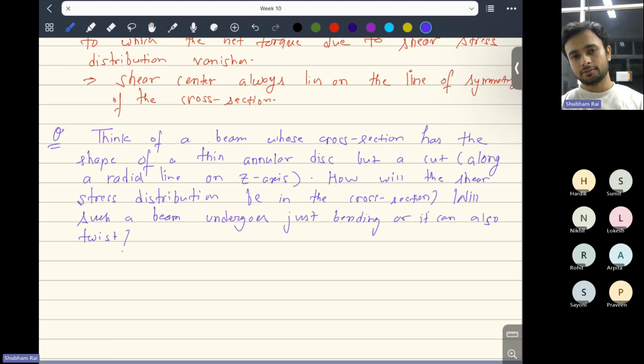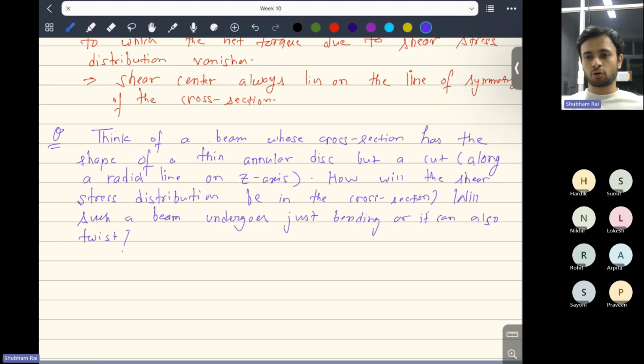Firstly, you have to find the shear center of this beam actually. If you know the shear center, then you will also know that if you apply any load passing through the shear center, the beam is only going to bend, because about the shear center there will not be any torque due to the shear stress distribution acting on the beam.